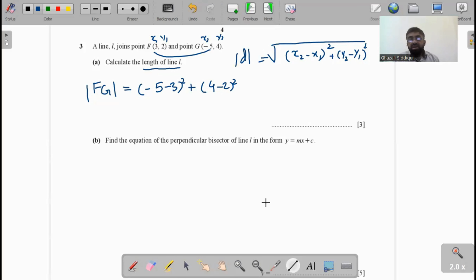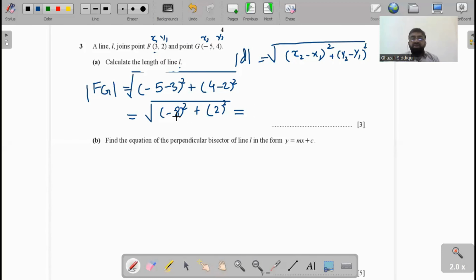and we take the square root of minus 8 whole squared plus 2 whole squared. Now minus 8 whole squared is 64 plus 4. Square root, we get 68.